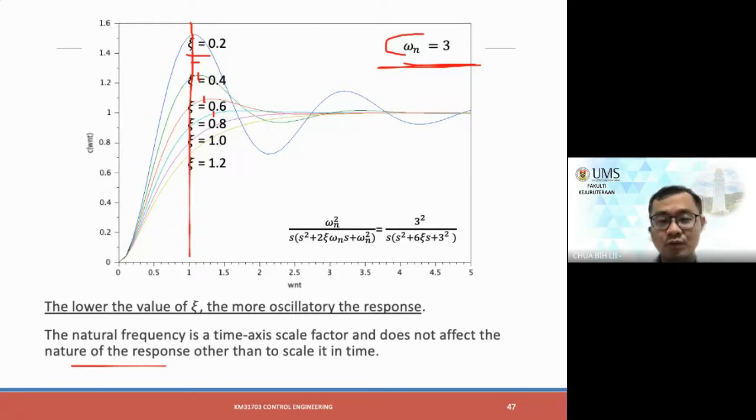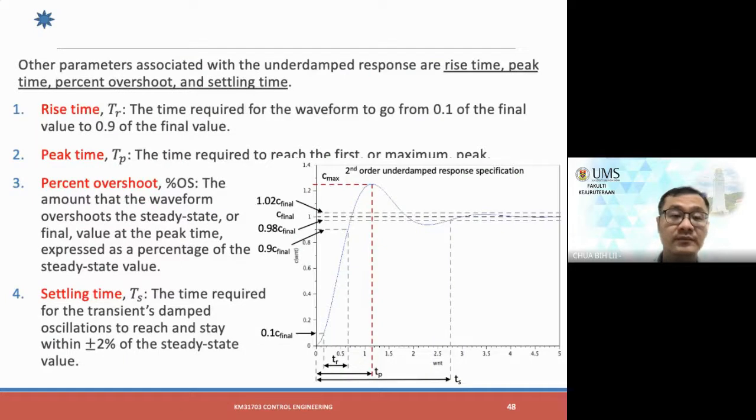We could say they are similar. You will see that it goes up at the same point, and so on. So that is the characteristic of the first thing, the damping ratio.